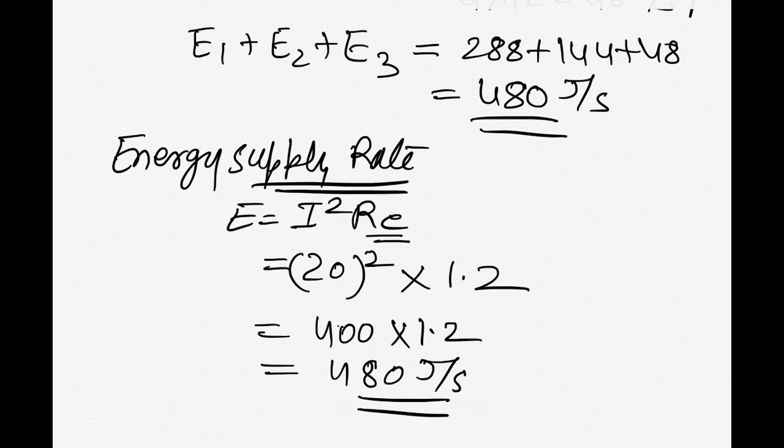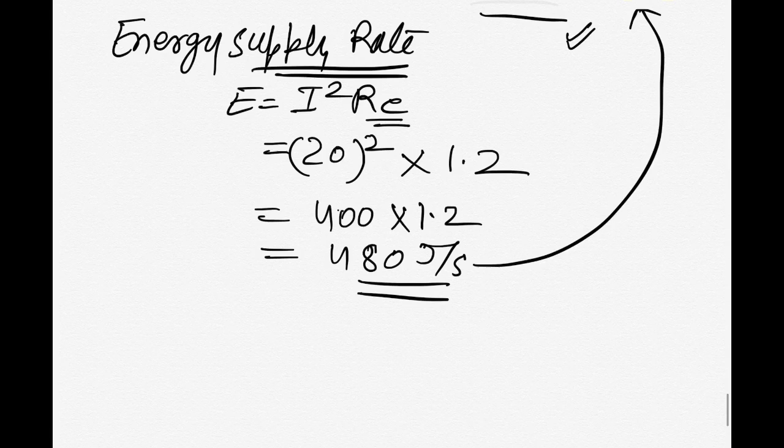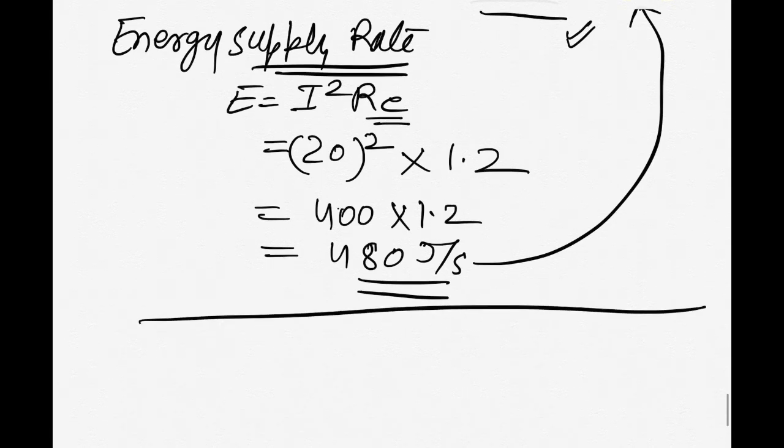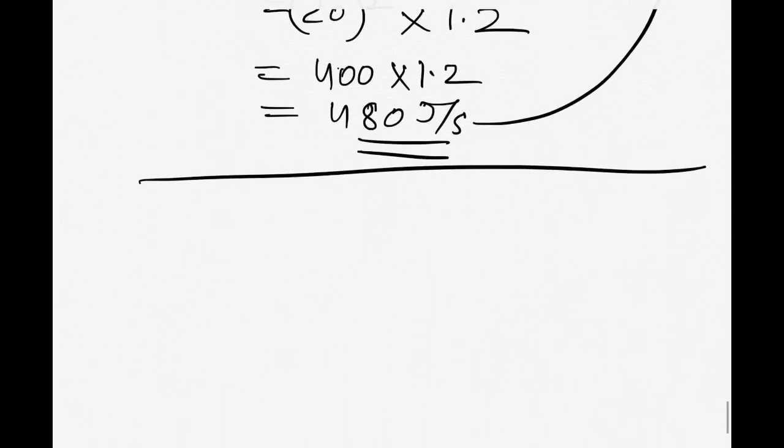So here you see that the energy supply rate by the battery is the same as the energy consumption rate by the combination of these resistors. Okay, so this is all about resistors in series and parallel.